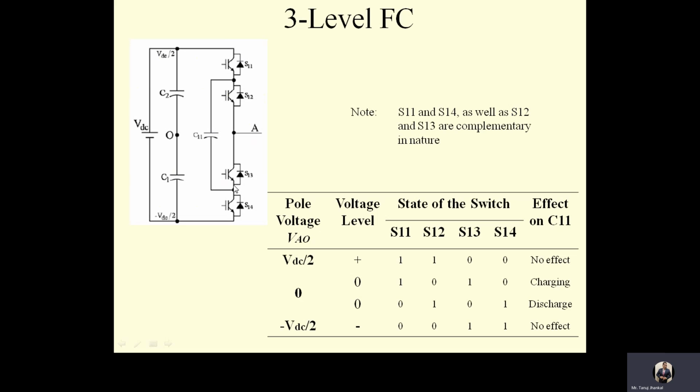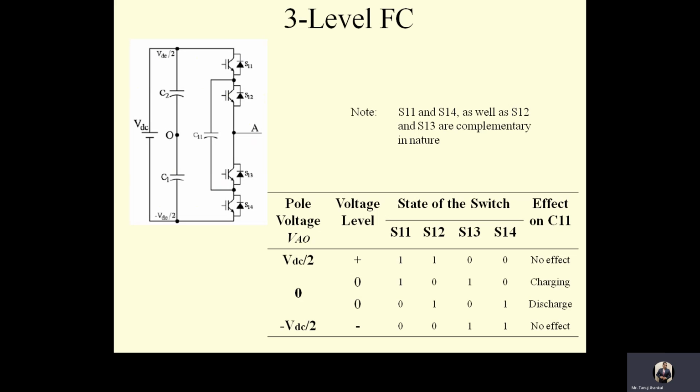Now I am coming from here to here, which means I am getting minus VDC by 2. Once I am getting minus VDC by 2 here and plus VDC by 2 here, they will cancel out each other. It is positive VDC by 2 and minus VDC by 2, so the net voltage will be 0.